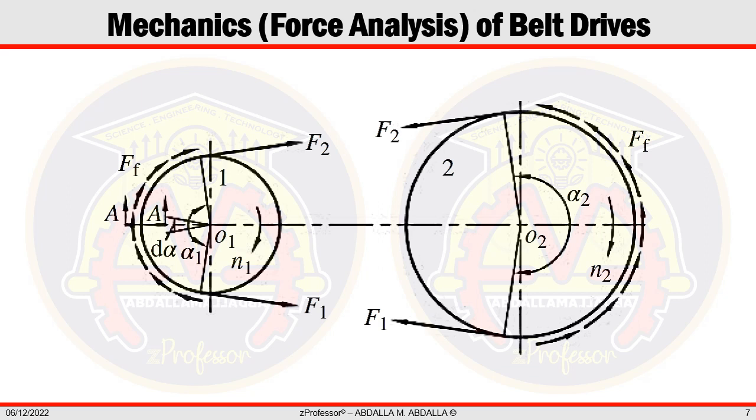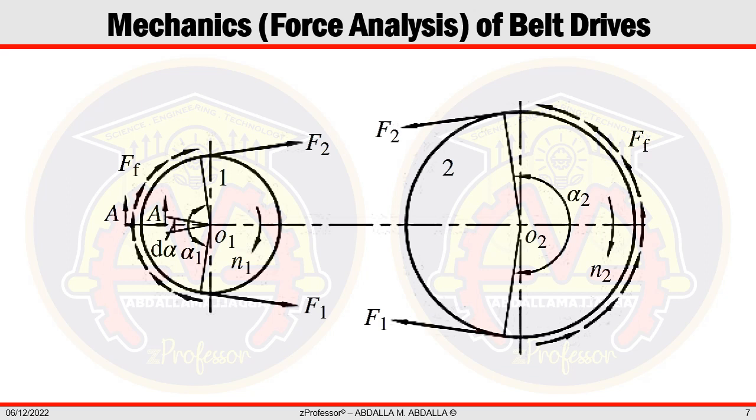The belt exerts friction force on the driving pulley in the anti-clockwise direction when the driving pulley rotates at a rotational speed of N1 in the clockwise direction. In exchange, the driving pulley exerts the same friction force, F subscript F, on the belt in the opposite direction, in the clockwise direction. As a result, this friction force drives the belt.